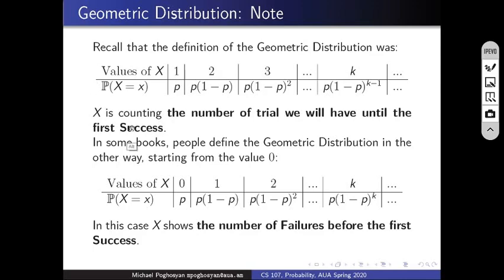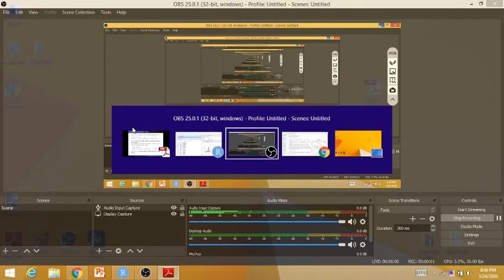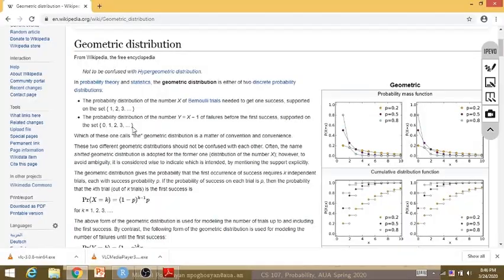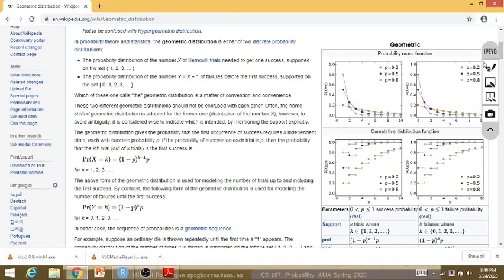By the way, let me show the Wikipedia page. So this is the Wikipedia page for the geometric distribution, and you can see two definitions here. One is with values 1, 2, 3. The other one is with values 0, 1, 2, 3, etc. The number of failures before the first success for this case, and the number of trials needed to get one success.